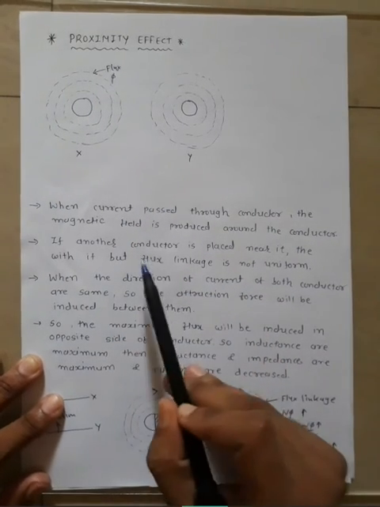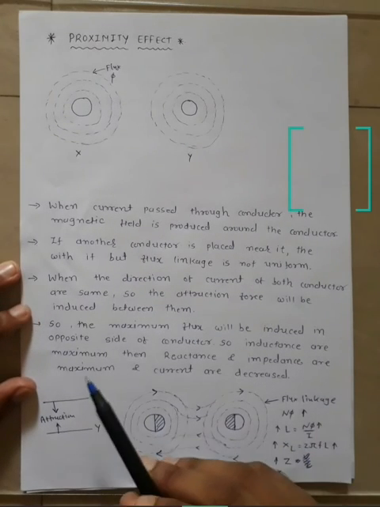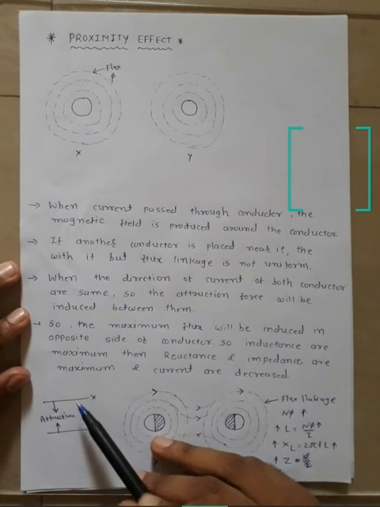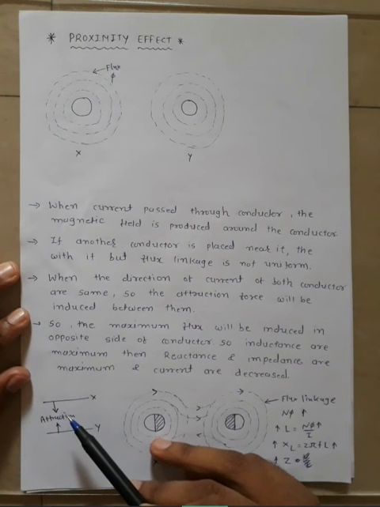When the direction of current in both conductors is the same, an attraction force is induced between them.